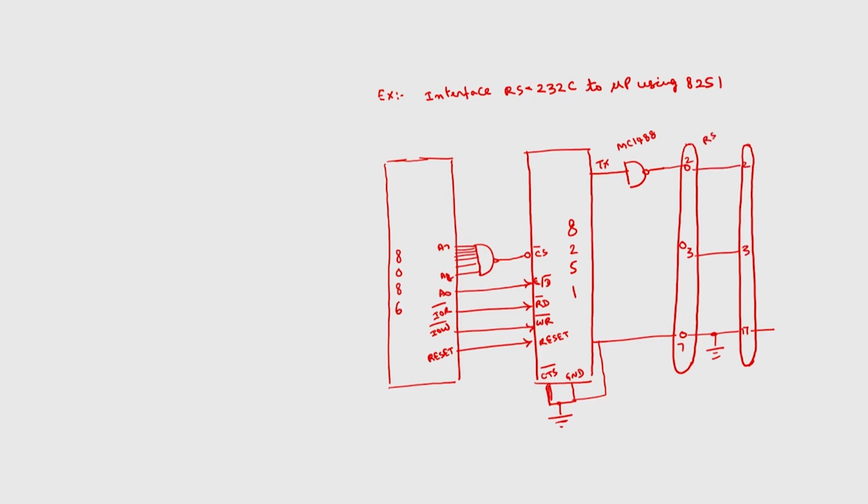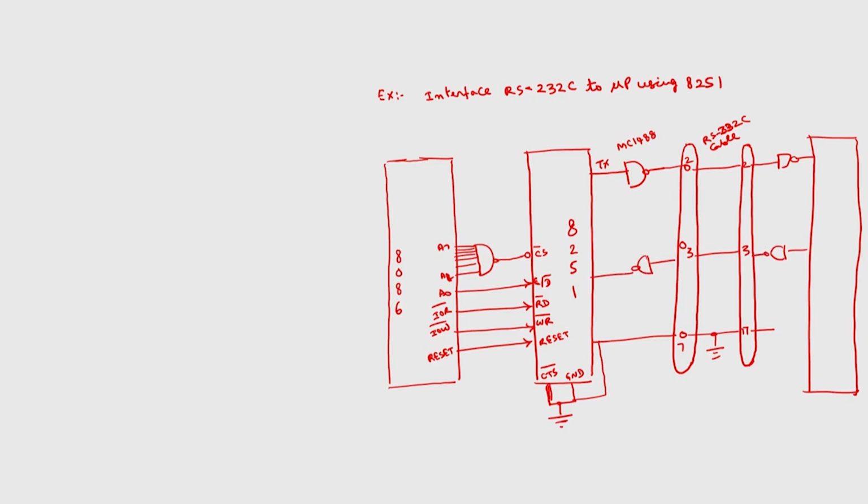This is the RS-232C cable, then this will again be converted for transmission to the teletype device. These are the connections between the RS-232 interface, 8251 and 8086.